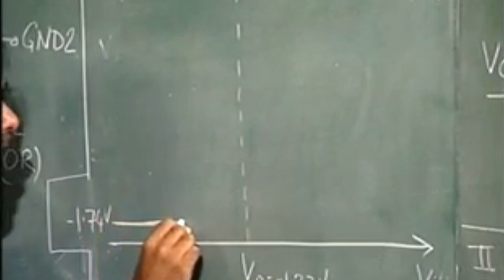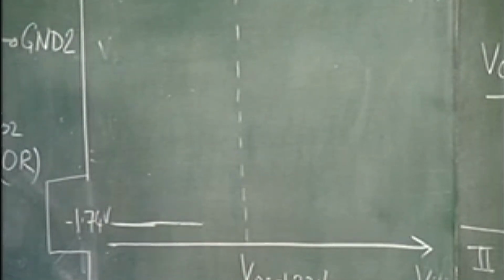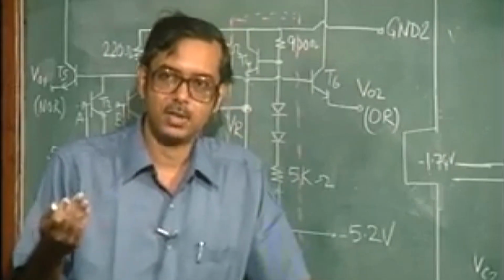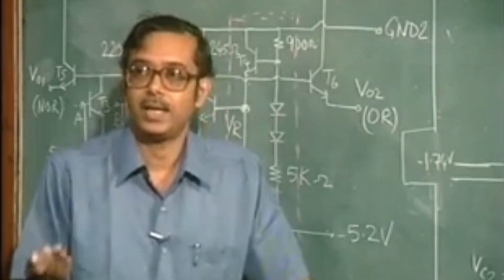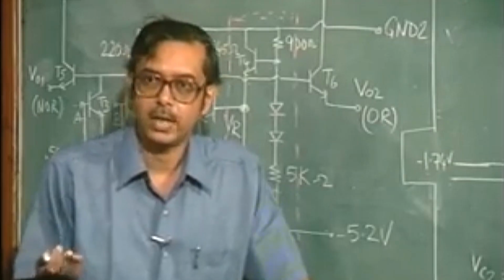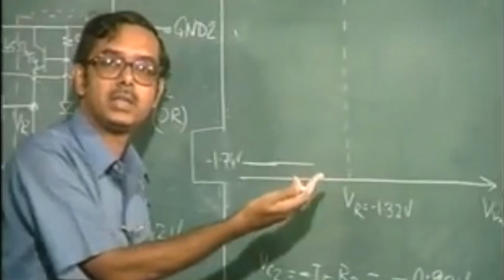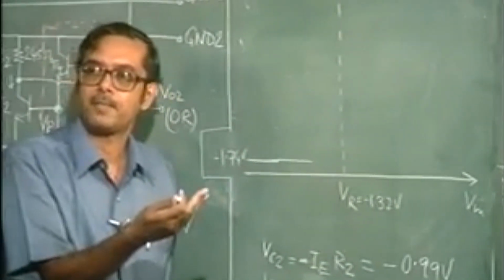So, this goes like this, then up to what value does it go? The logic changes, we have already seen that. The current is going to switch from one state to the other, or one branch to the other, when the input voltage is about 75 millivolts from the reference voltage.